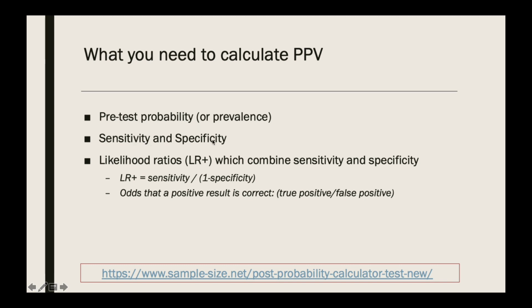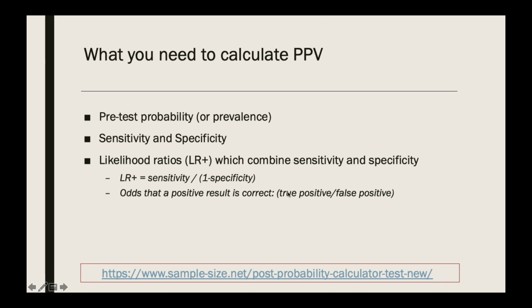We needed sensitivity and specificity, and we could also use likelihood ratios. These are very convenient, and as we'll see in a second, the websites that enable you to calculate the post-test probability prefer likelihood ratios, which combine sensitivity and specificity. The likelihood ratio for a positive test is sensitivity divided by 1 minus specificity. And what is this really measuring?